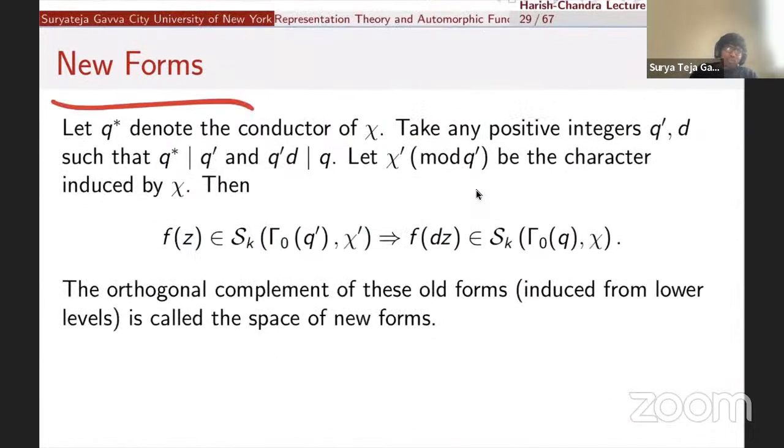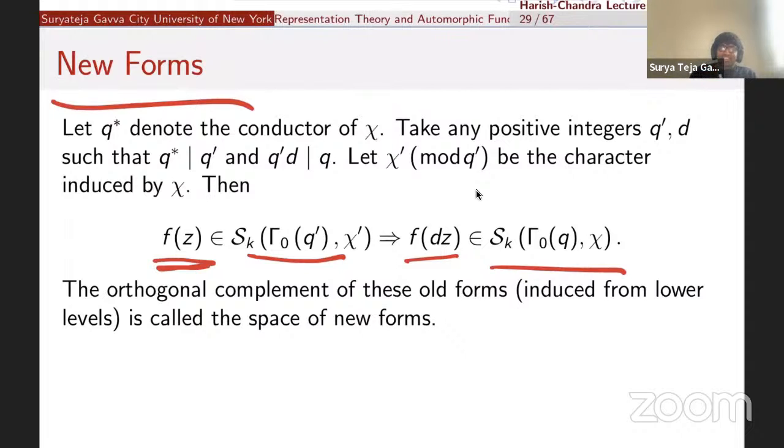Yeah, so there's this notion of new forms. Sometimes forms on a lower level can induce a form on a higher level, by taking f of z on a lower level and just taking f of some constant times z, which we can see is a modular form on a higher level.